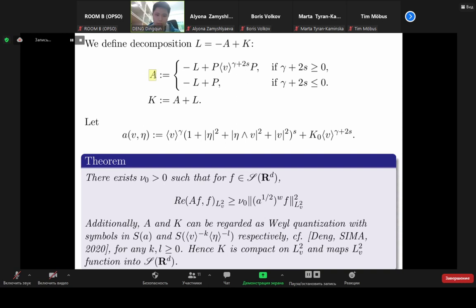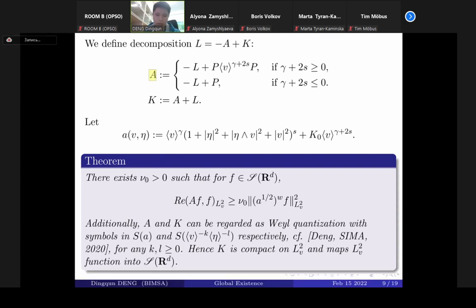We will call A the positive part, as you may see in the following theorem, that the real part of AFF is larger than 0. Here small a is defined here; this is actually some technical construction. We may see that the negative A satisfies the definition of dissipative, so the negative A part will generate a contraction semigroup.